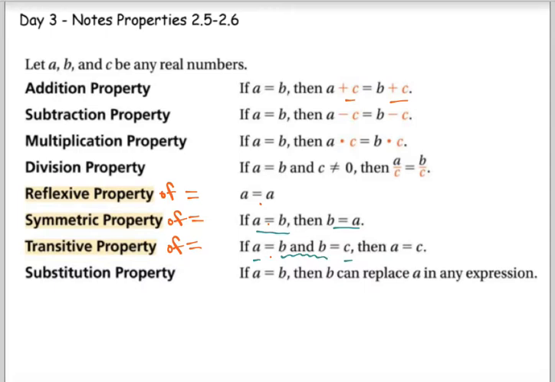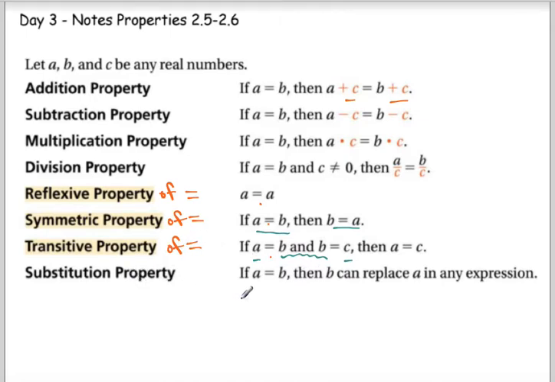We took B out and linked together A and C. And so transitive property, it takes 3 pieces of information to have this transitive property happen. Notice we've got A equals B, that's 1, B equals C, that's 2, and A equals C is the 3rd piece. Symmetric only requires 2 pieces, and reflexive only requires 1. So sometimes that helps me to identify them on the problems where they're just like, what property is this?